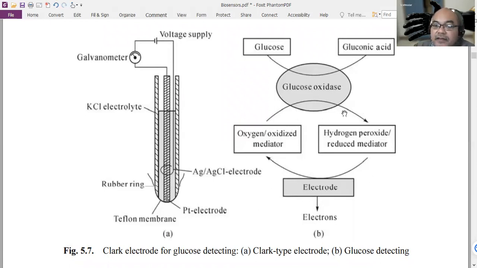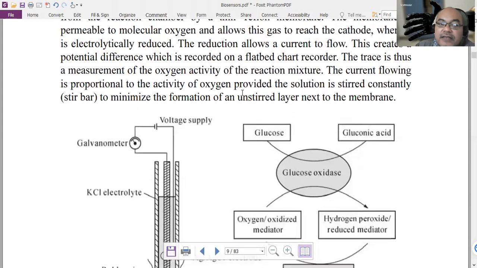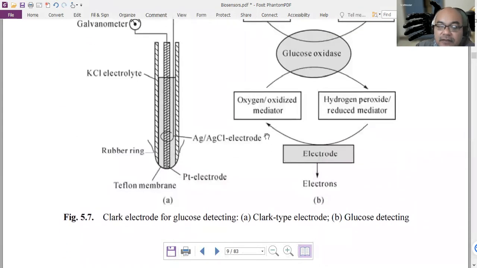Then there will be electron transfer, and this electron transfer can be captured using an electrode. So this is how it looks like. This is the Clark oxygen electrode, basically an oxygen electrode that detects the oxygen content in the mediator.